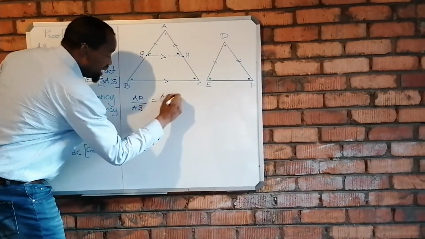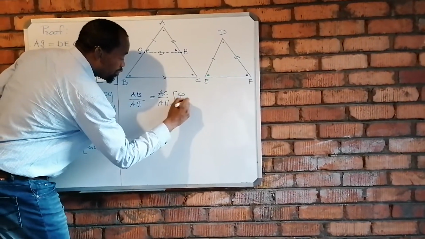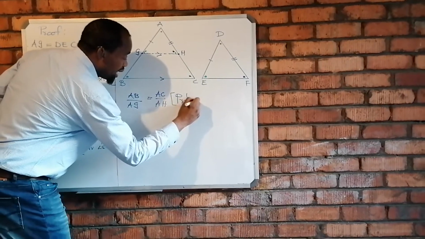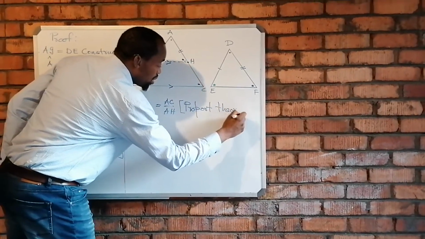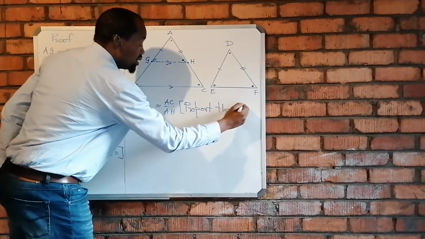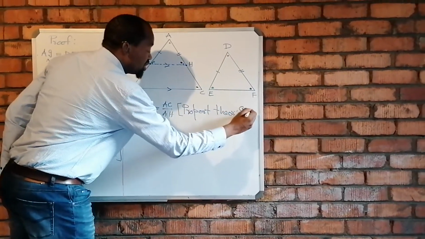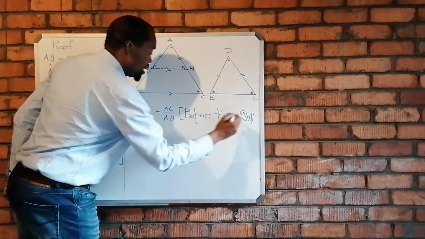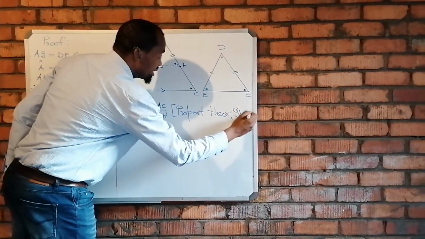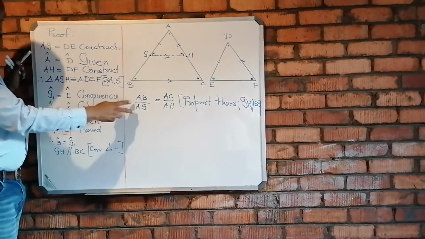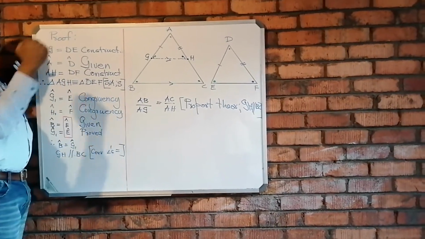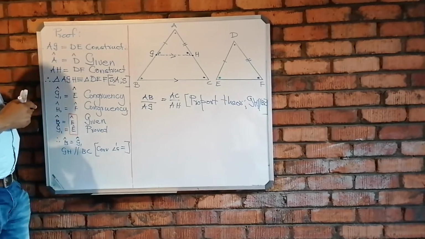Now, this is gonna be from proportionality theorem, where GH is parallel to BC. I repeat again, it is from proportionality, which is the previous theorem that we have proved.